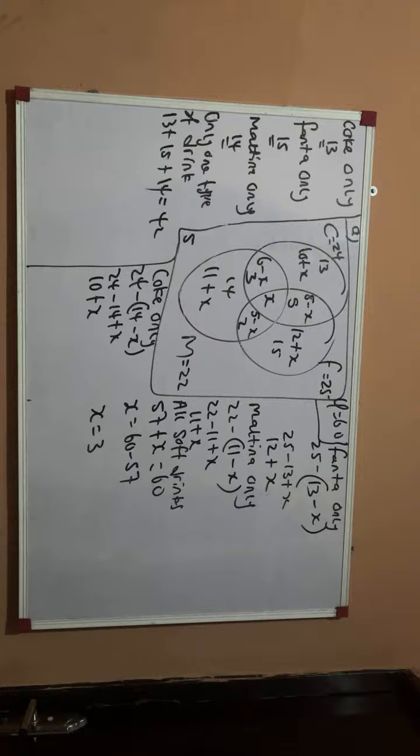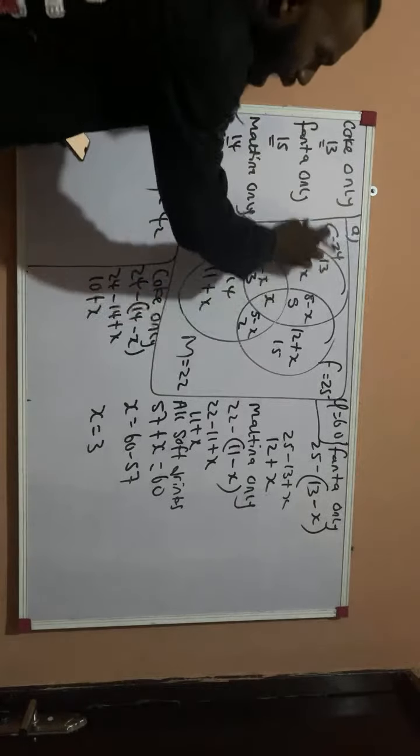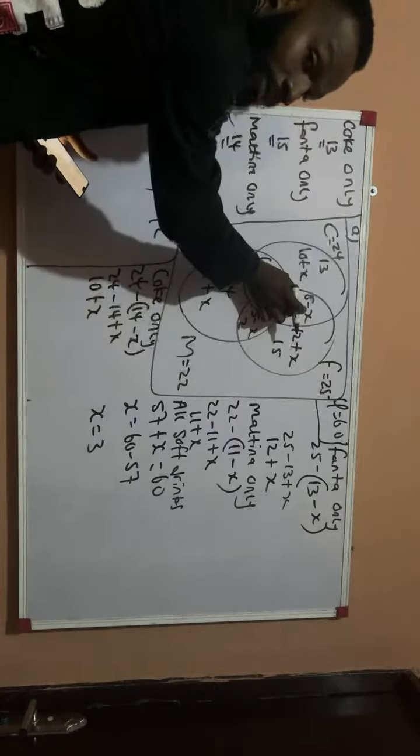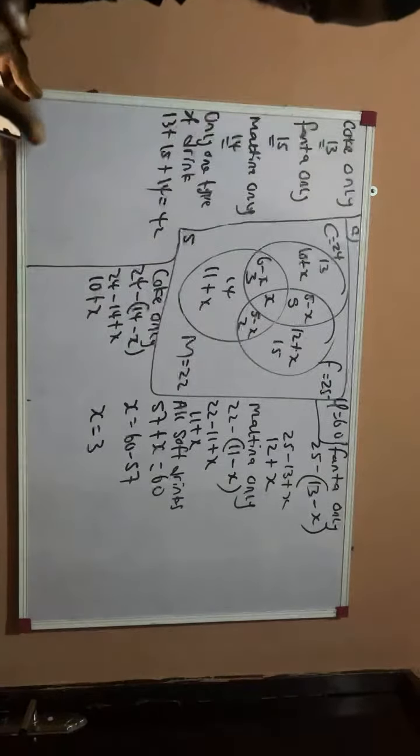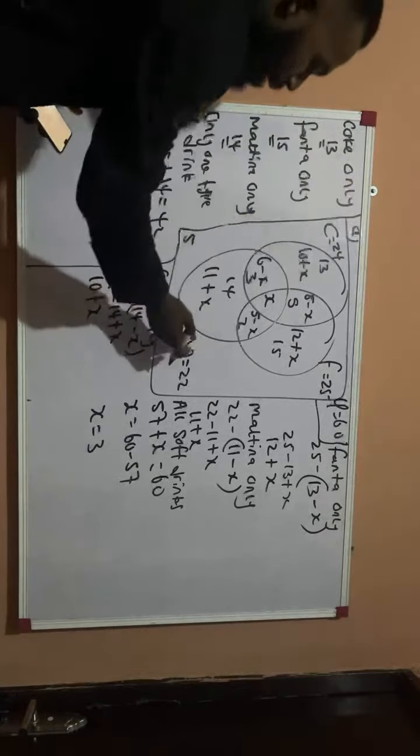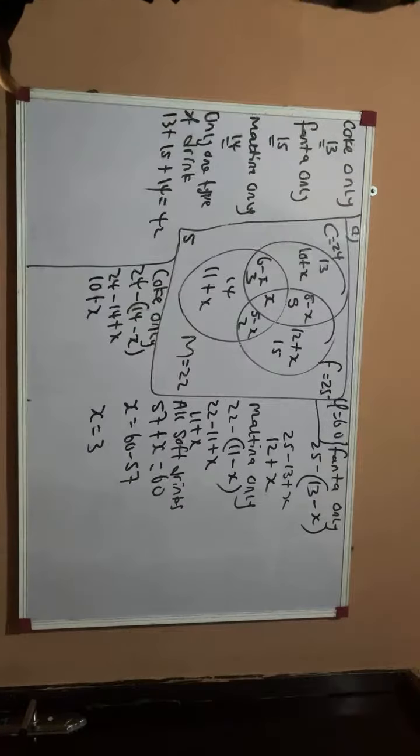Now, without wasting time, the next question says, how many drank only two types of soft drink? Now, Coke and Fanta only is two types of soft drink. Fanta and Maltina only is also two types of soft drink. Coke and Maltina only is also two types of soft drink.